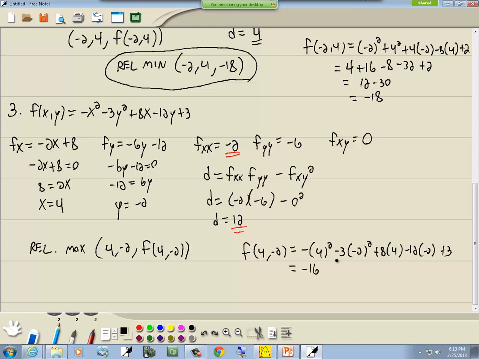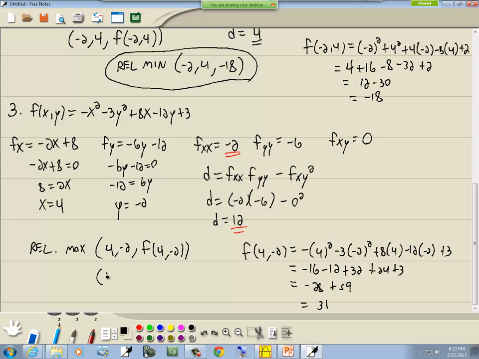which gives us negative 16. Negative 2 squared is 4 times negative 3 is negative 12. 8 times 4 is 32 plus 24 plus 3, which gives us negative 28. 32 plus 24 is 56, plus 3 is 59. 59 minus 28 gives us 31.